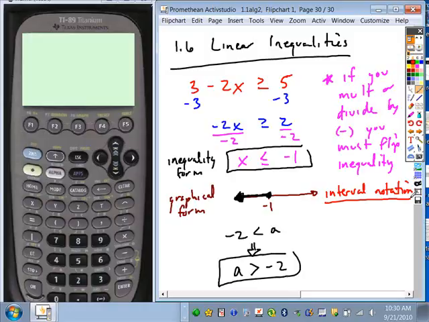What interval notation does is it uses grouping symbols to indicate the different relationships that exist here. When you look at this graphical form, and oftentimes it's the graphical form that gives you the best indication of what the interval notation will be, what is the lowest limit on your solution set? How low can we go?